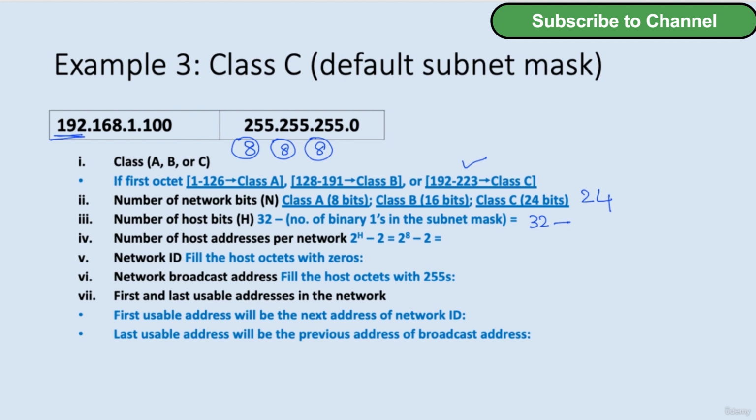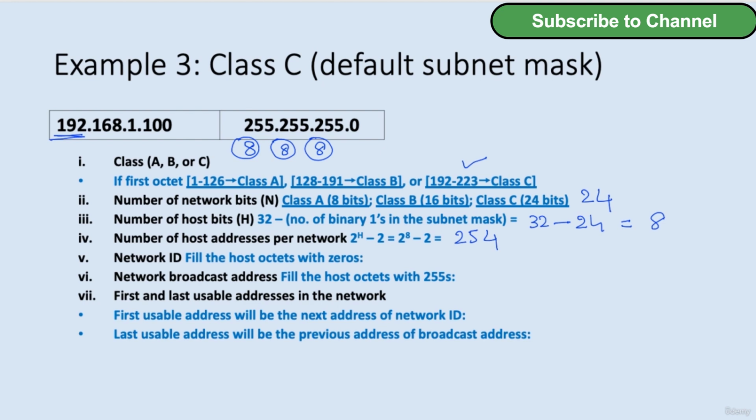So 8 plus 8 plus 8 will be 24. So there are 8 host bits. Number of host addresses per network: because of these 8 bits, how many hosts can we have? 2 raised to the power 8 minus 2. So 254 will be the value.